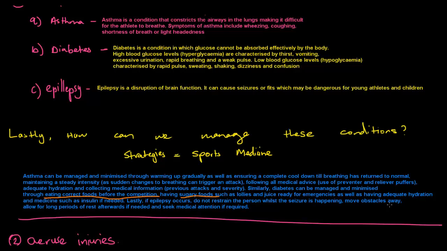Anyone with hypoglycemia usually carries lollies and juice ready. So if you see anyone who needs to have something sugary, you might want to ask them if they have hypoglycemia, because chances are they probably do. That's just another way you can make sure that if anything does happen, a preventative measure would be having these things available.